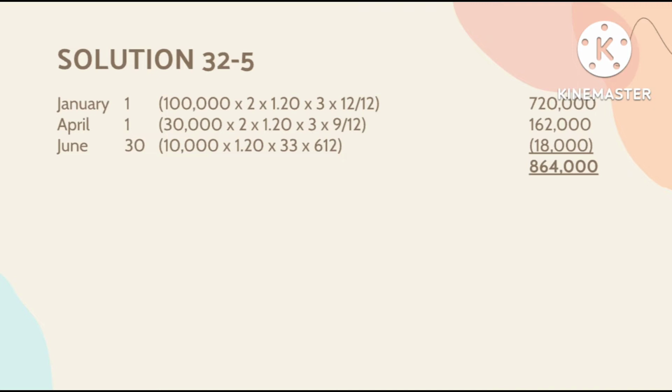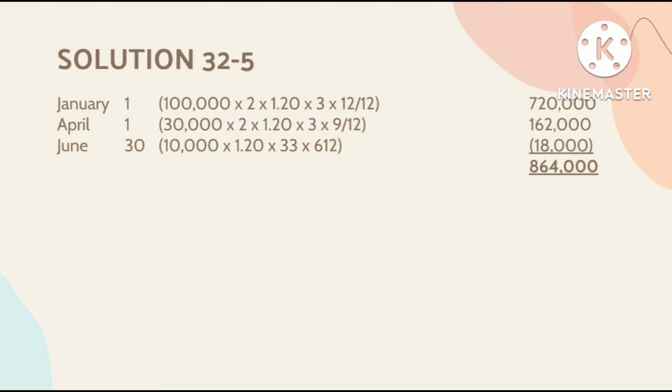Then on April 1, it is the same as January 1 in how we got it. 30,000 times 2 times 1.20 times 3 times 9 over 12 is equal to 162,000. On June 30, we have a purchase of 10,000 shares times 1.20. Why do we no longer multiply it by 2? Because the 2-for-1 share split was on May 1, so it is no longer included.